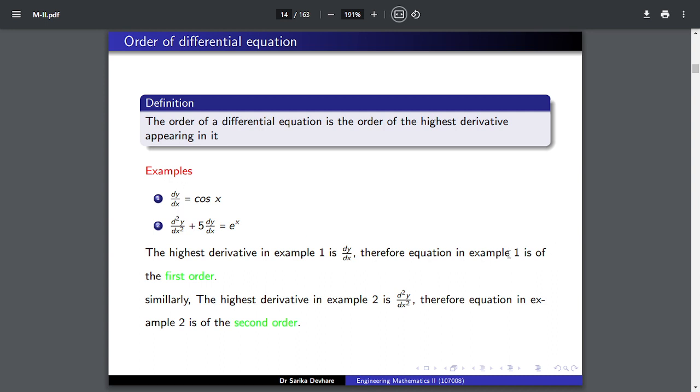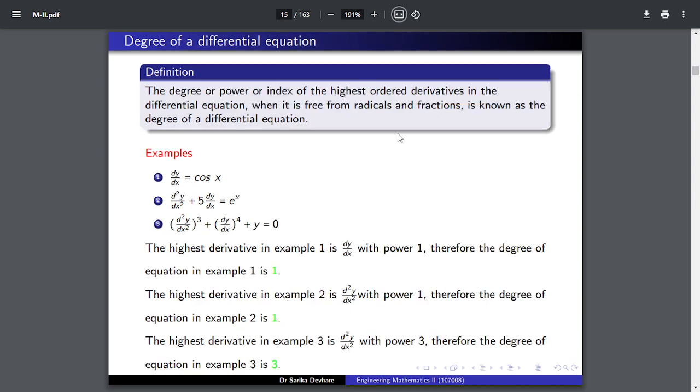Therefore, the equation in this example is of the first order. Now let's come to the second example. The highest order derivative in this example is 2, and therefore the order of this differential equation is 2, that is a second order differential equation.